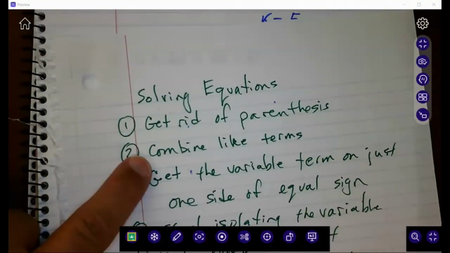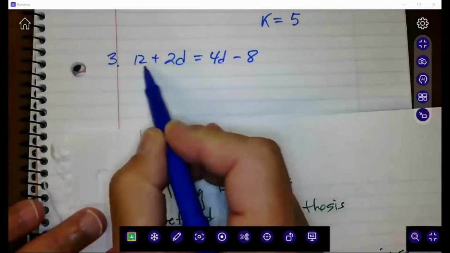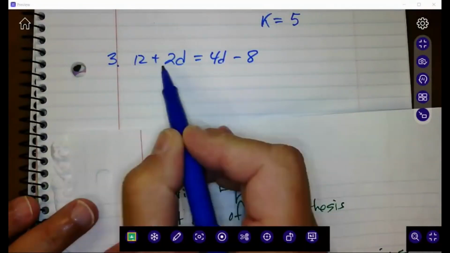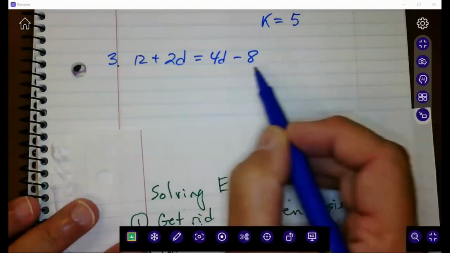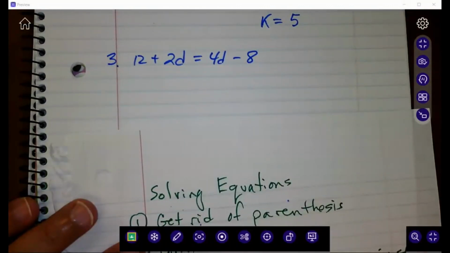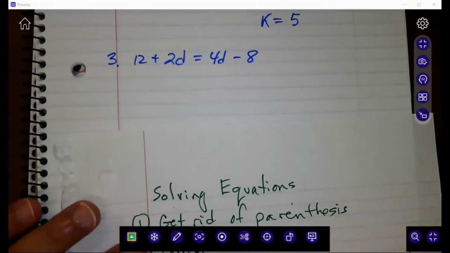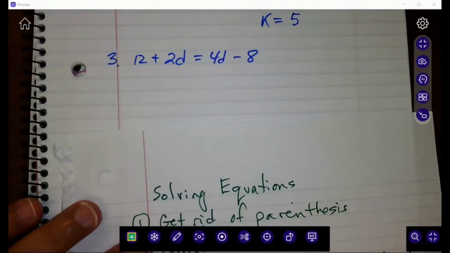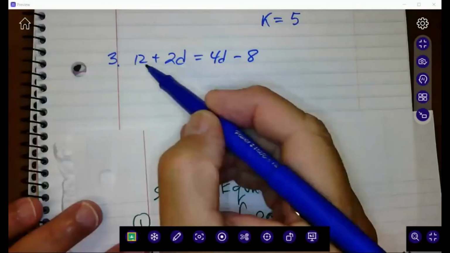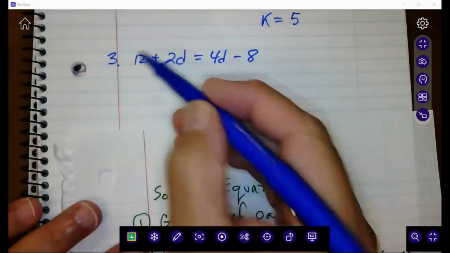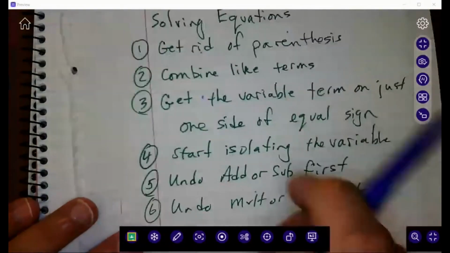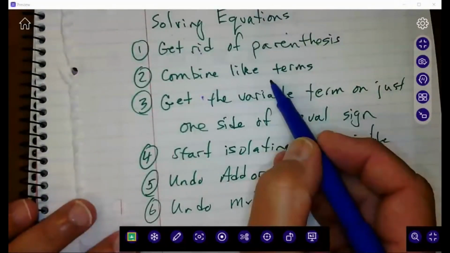We don't have any terms to combine because there aren't multiple d's on either side. There's only one d term on each side and only one constant term on each side. So there are no like terms to combine.